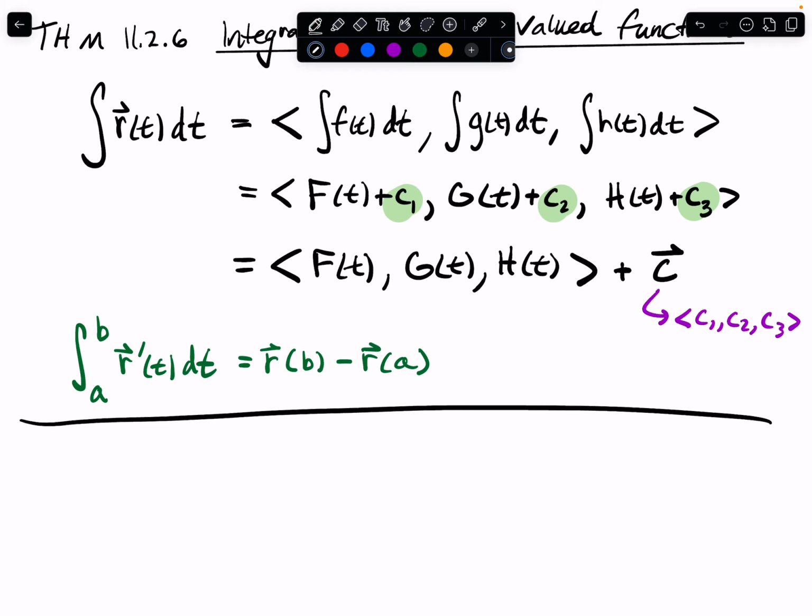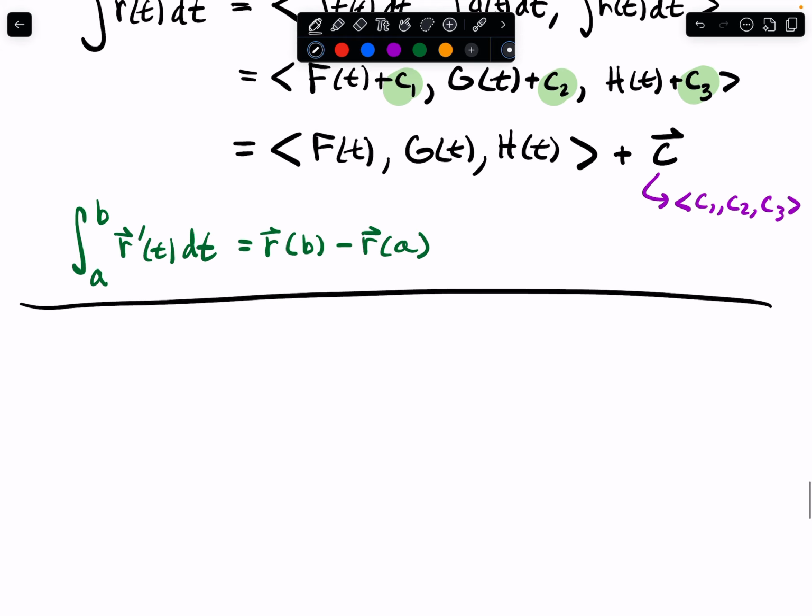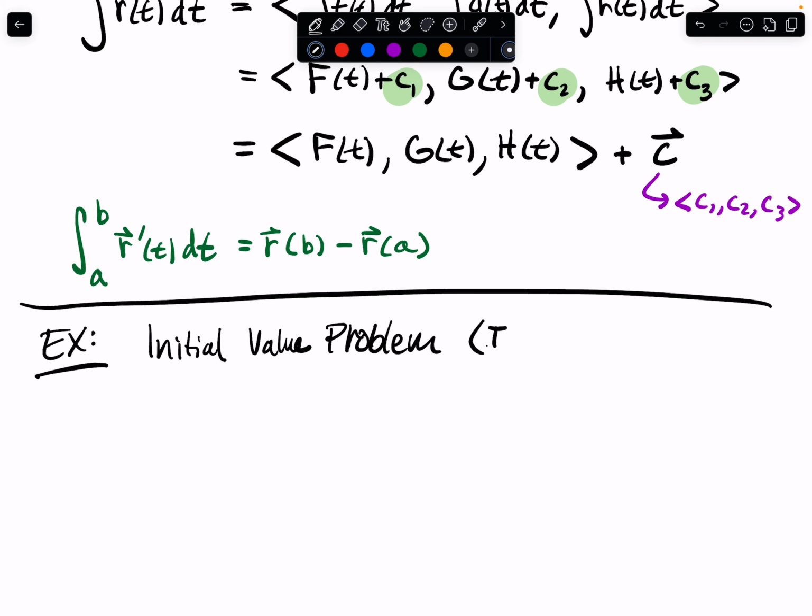So in the same way with derivatives, where we just take the derivative of each component, now to integrate, we integrate each component. So let's take an example here of an initial value problem, otherwise abbreviated IVP.